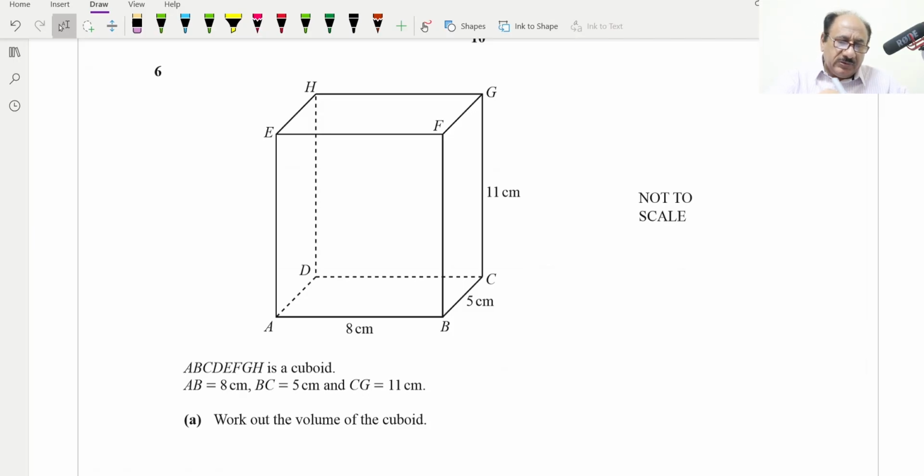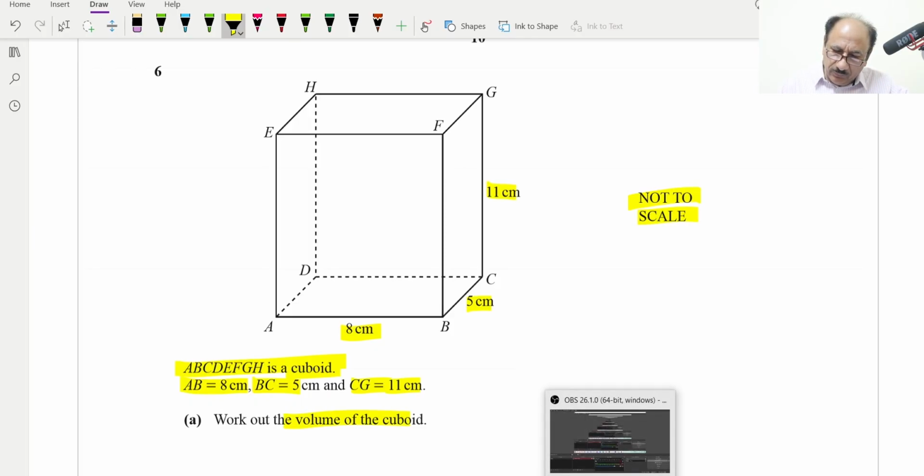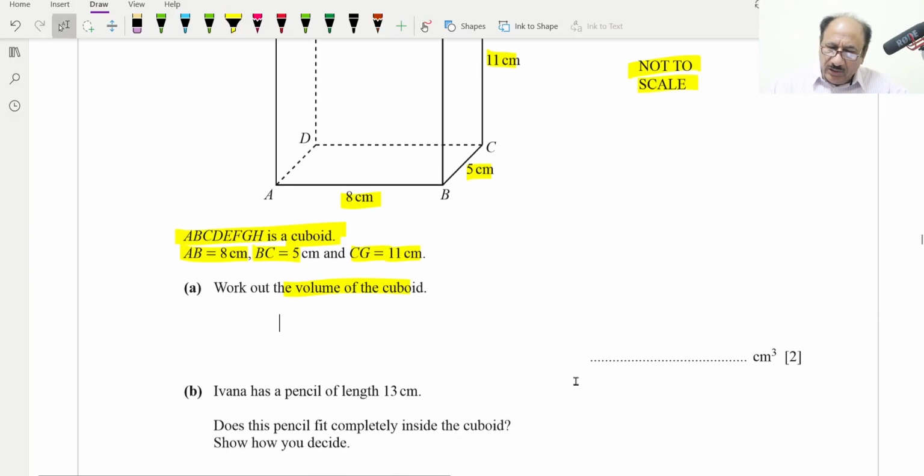Now question number 6, the diagram is provided which is not to scale, and the diagram gives us information. This is a cuboid, AB is equal to 8, BC is equal to 5, CG is equal to 11. So these measurements are provided: length, width, and height. Work out the volume. So the volume of the cuboid will be length times width times height.